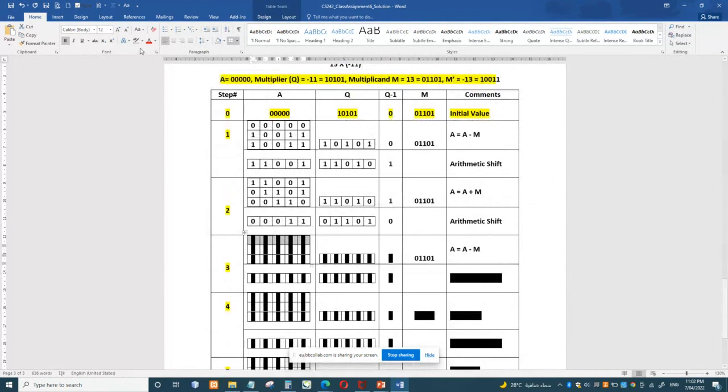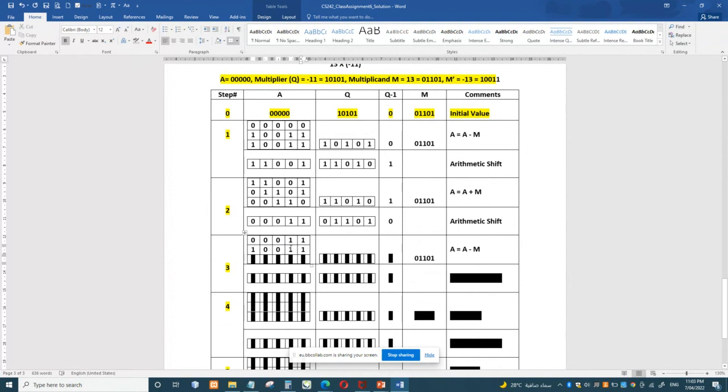So this is our a, 00011, and this is our minus m, 10011. So a plus minus m will actually give you the actual result of subtraction. So a equal to a minus m.